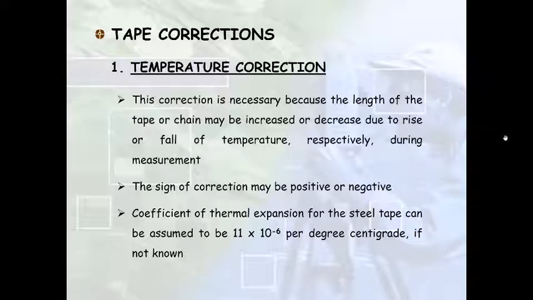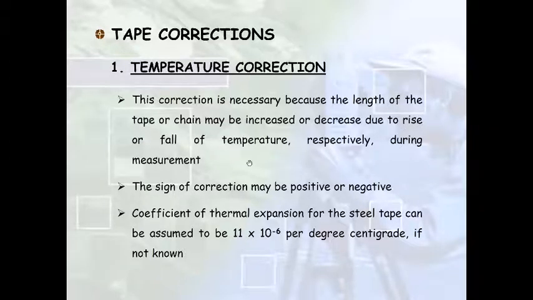So the first factor that we will consider is the temperature correction. Since the material for the tape is steel, and with change in temperature, the steel can expand or contract. So if it does that, that means the scale of the measuring tape gets disturbed.